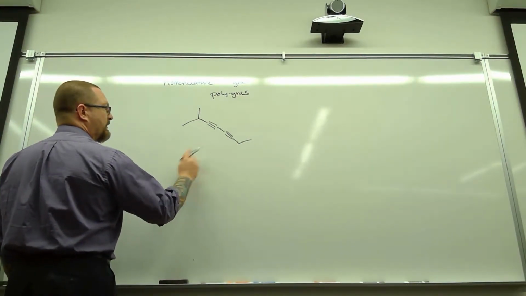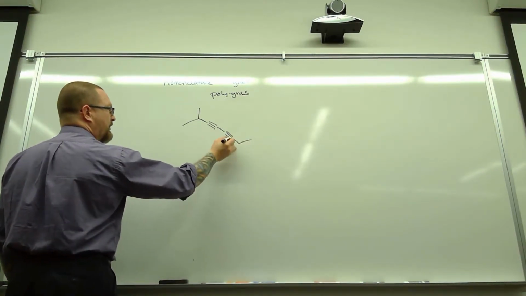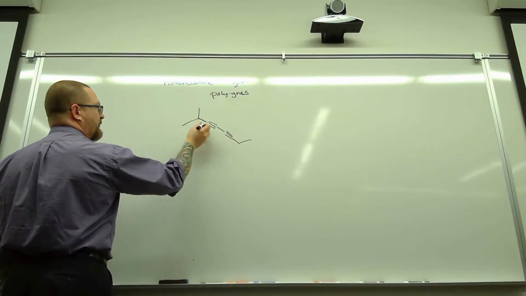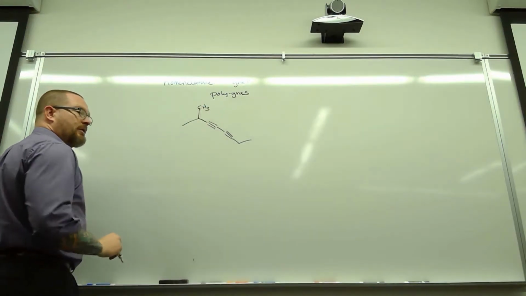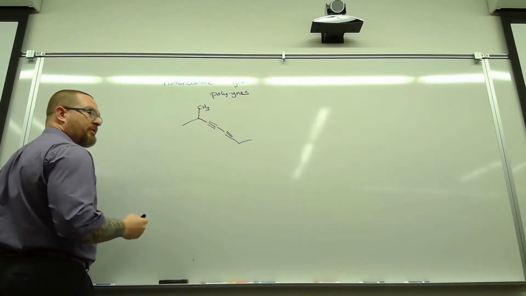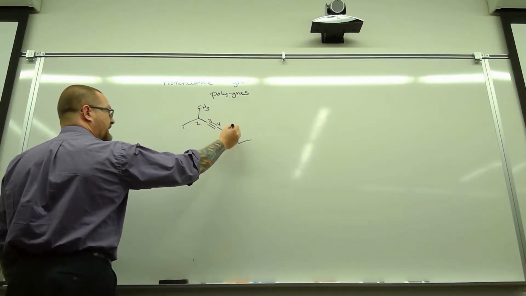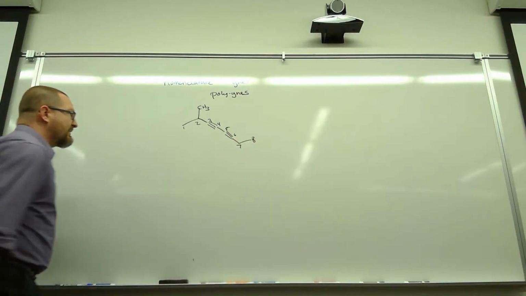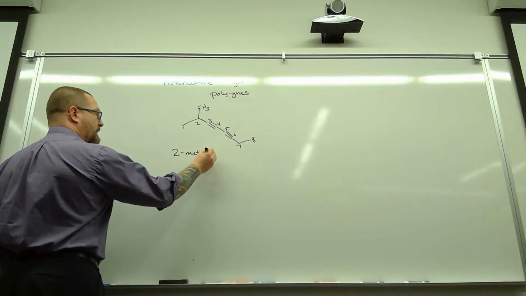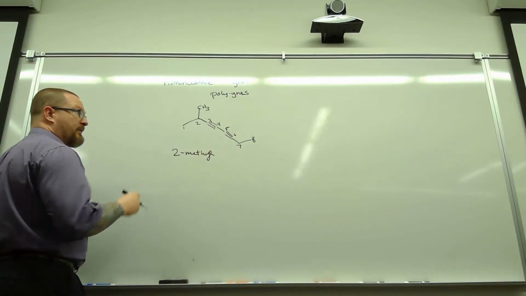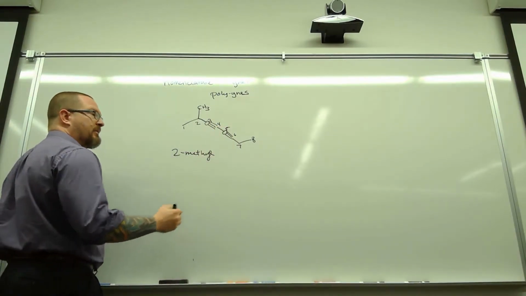If we're trying to figure out which side gets priority for our triple bond, we have 1, 2, 3 carbons for this triple bond, 1, 2, 3 carbons for that triple bond, but we have a methyl here. So we're going to come in from the side with the lowest numbered substituent, which is that methyl. So we've got 1, 2, 3, 4, 5, 6, 7, 8. So this is going to be a 2-methyl, and coming in from the side, 3 and 5, numbering through the beginning of the ynes.